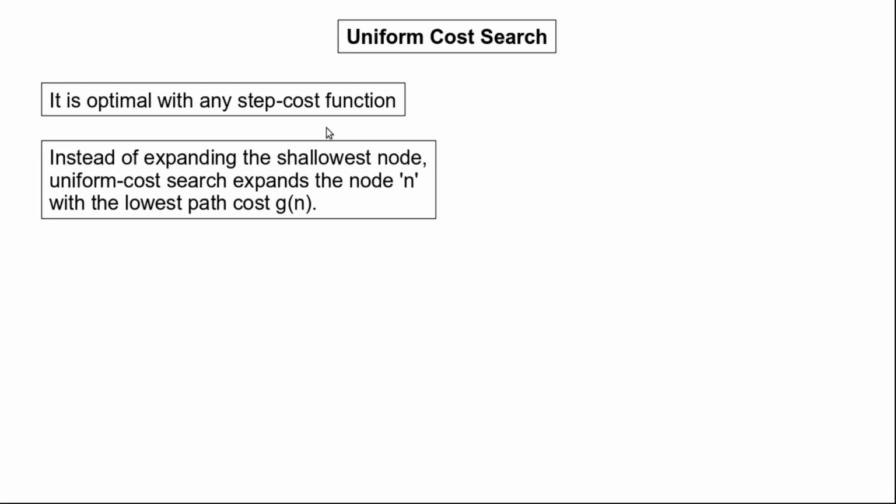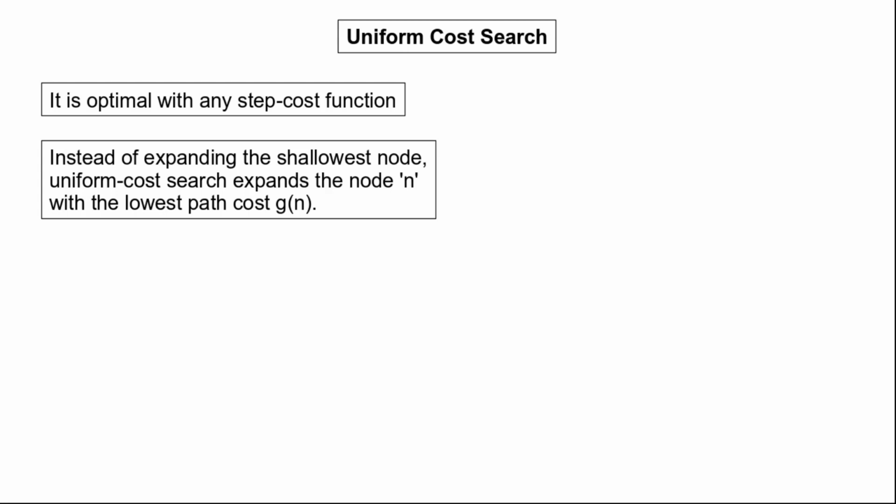And in uniform cost search, instead of expanding the shallowest node, uniform cost search expands the node n with the lowest path cost g(n). So what do we mean by this? We'll look at one example. It will be more clear then.